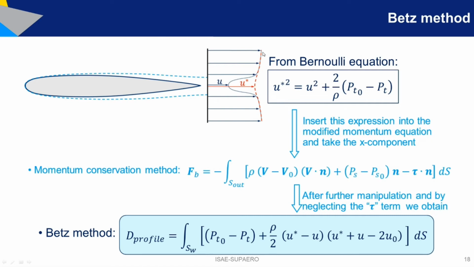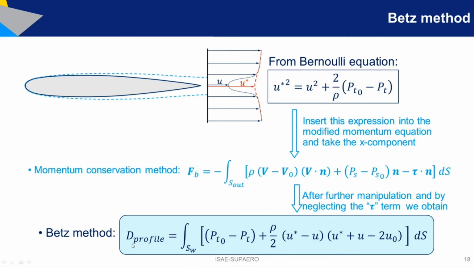Indeed, outside the wake there is no total pressure deficit, so this term will be zero. And outside the wake, U star and U are identical, so this term also will be zero outside the wake. So as you can see, this integral is only non-zero inside the wake, and that's why we can compute drag only inside the wake by measuring total pressure loss and some kinetic energy parameters.